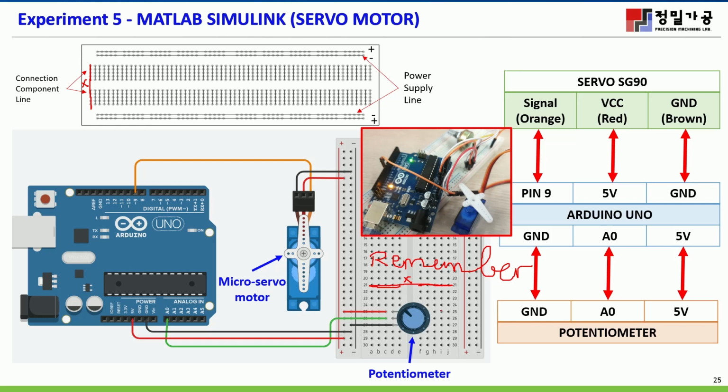So some students still put the potentiometer on this side and the cable on this side. So of course they think the potentiometer is broken, but I think this is a wrong connection. So I just remind you in here and see clearly this connection line. This one is connected from here to here for power supply.